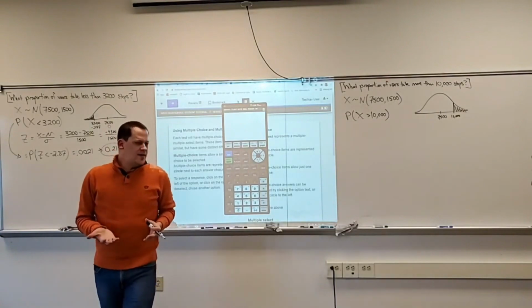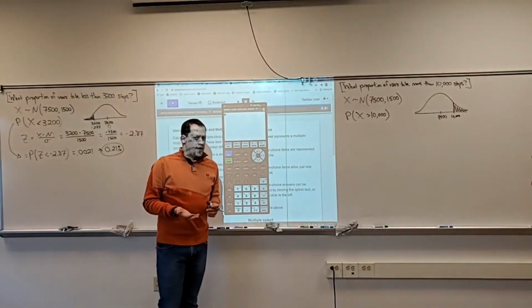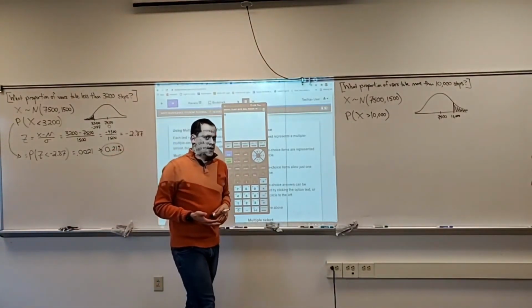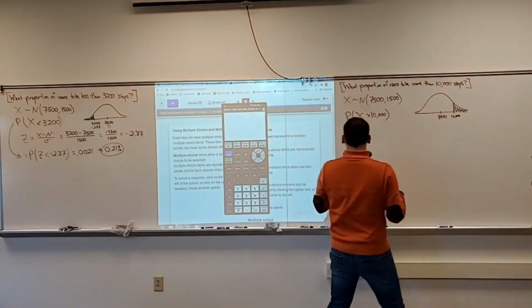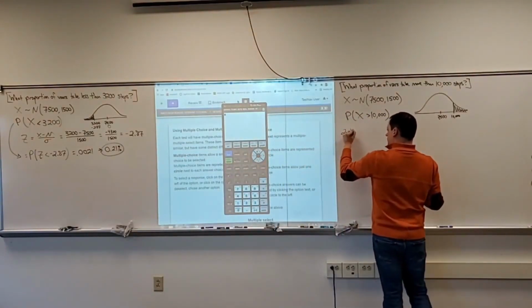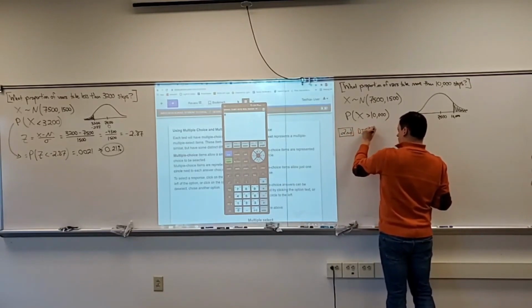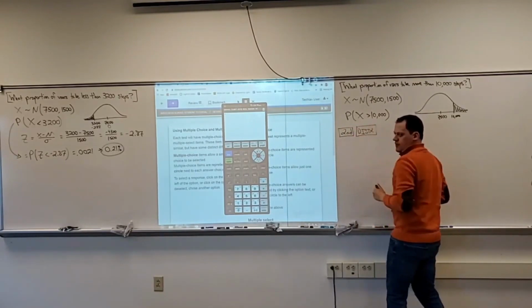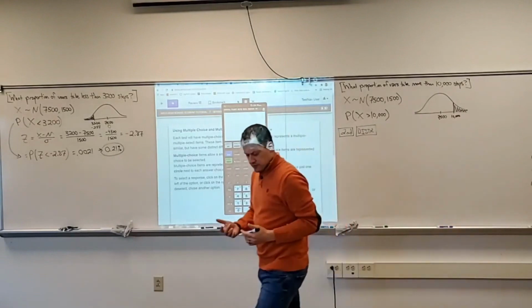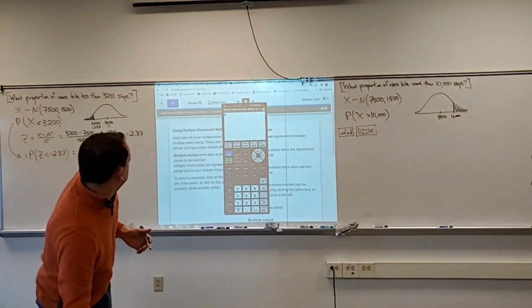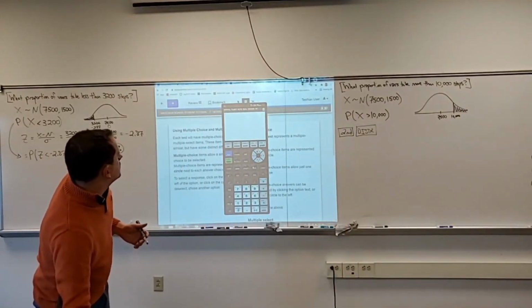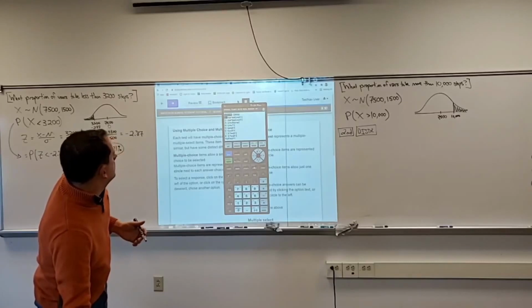Remember how we got to the areas we wanted with z's? We went to second distr, or second vars. So second, the blue key, and that says distr in blue, vars in white.